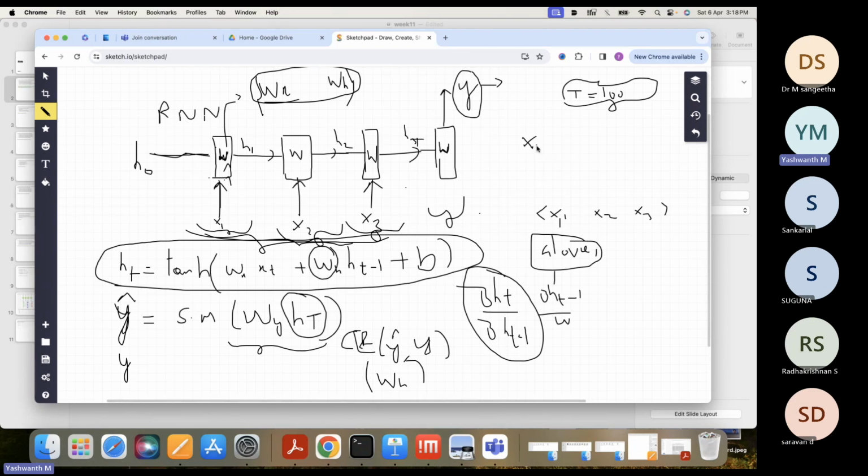If I take only sentences containing 30 words, up to x30, and at test time my sentence comes with 35 words, will this architecture be able to handle it?